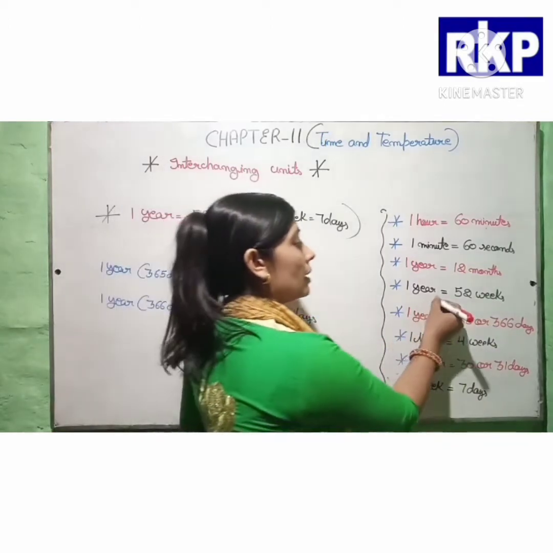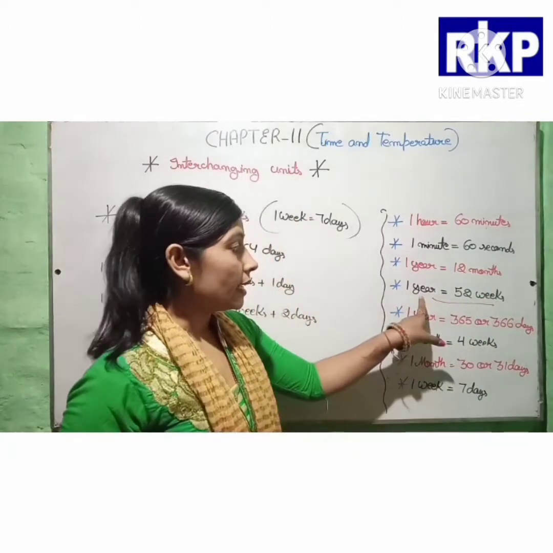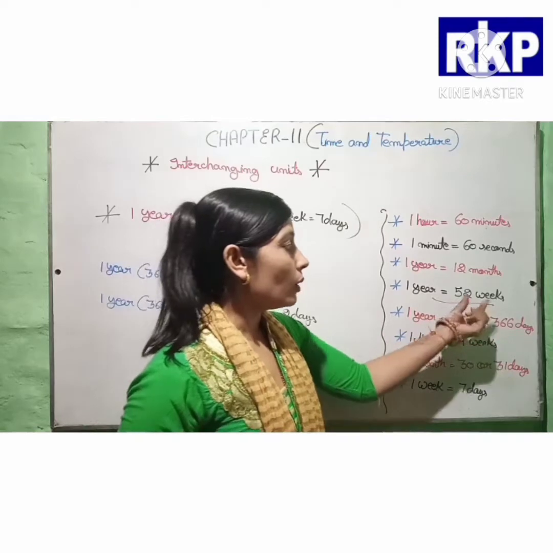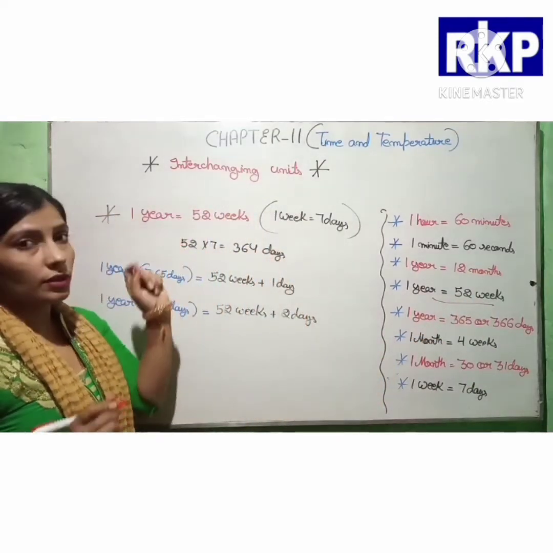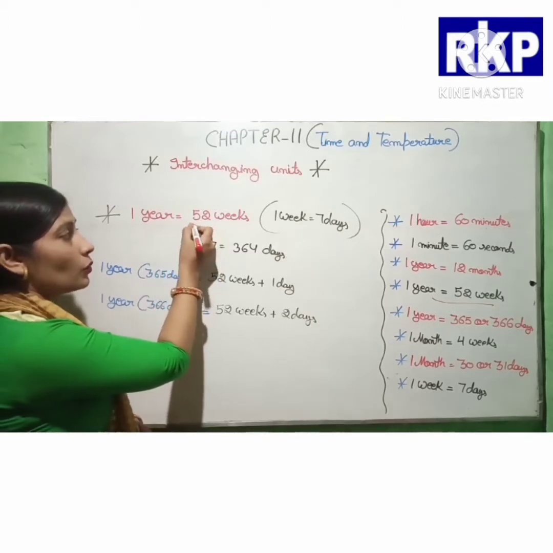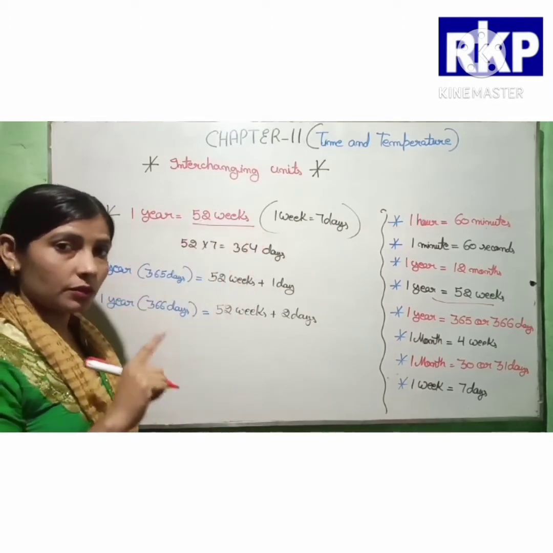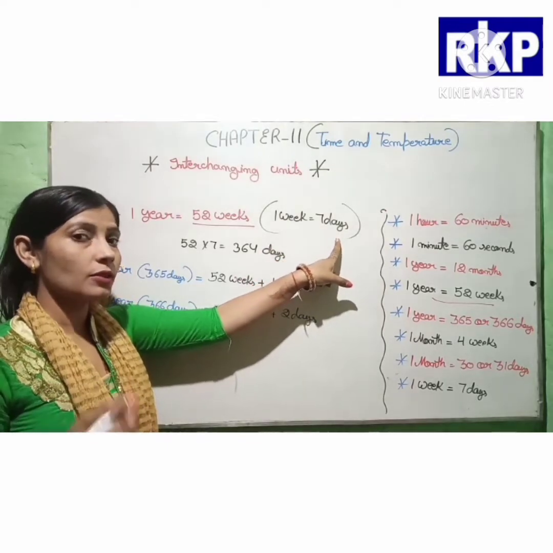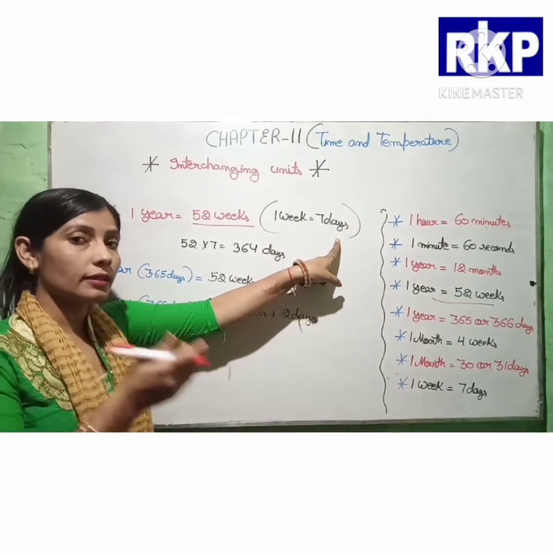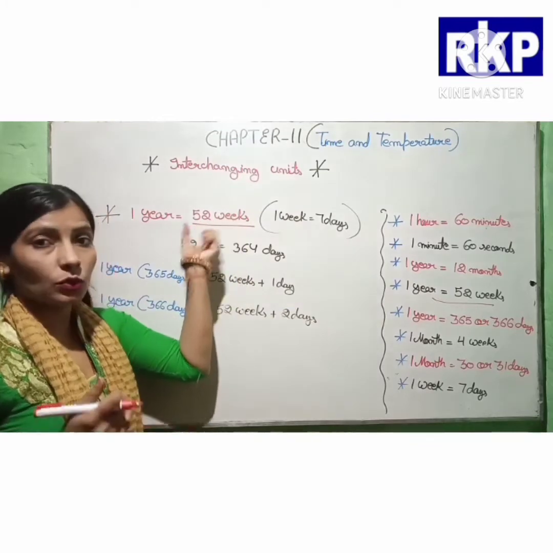Students, is it right that 1 year is equal to only 52 weeks? Let us see. Here I have written 1 year is equal to 52 weeks. But you know 1 week is equal to 7 days. So how many days are there in 52 weeks?